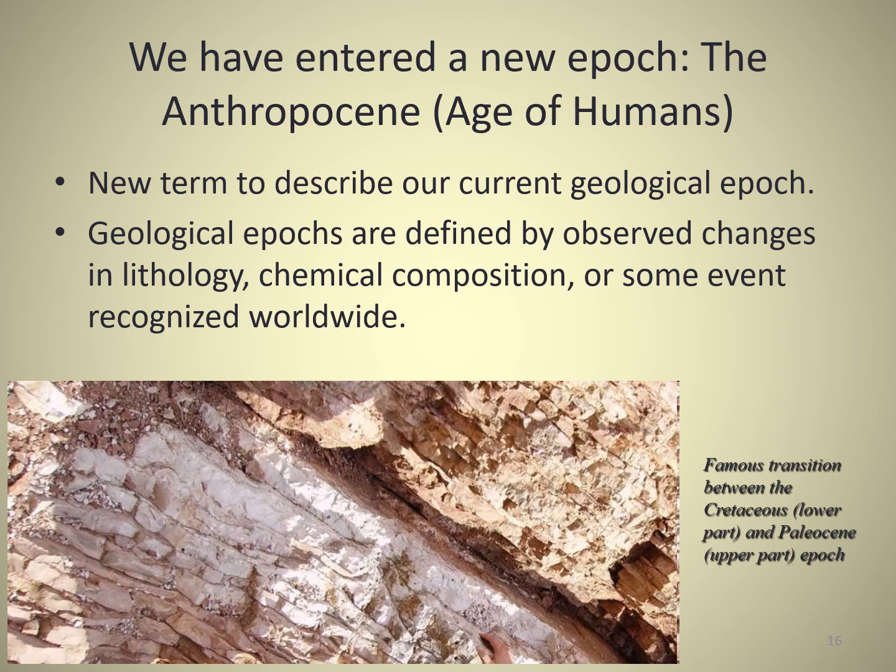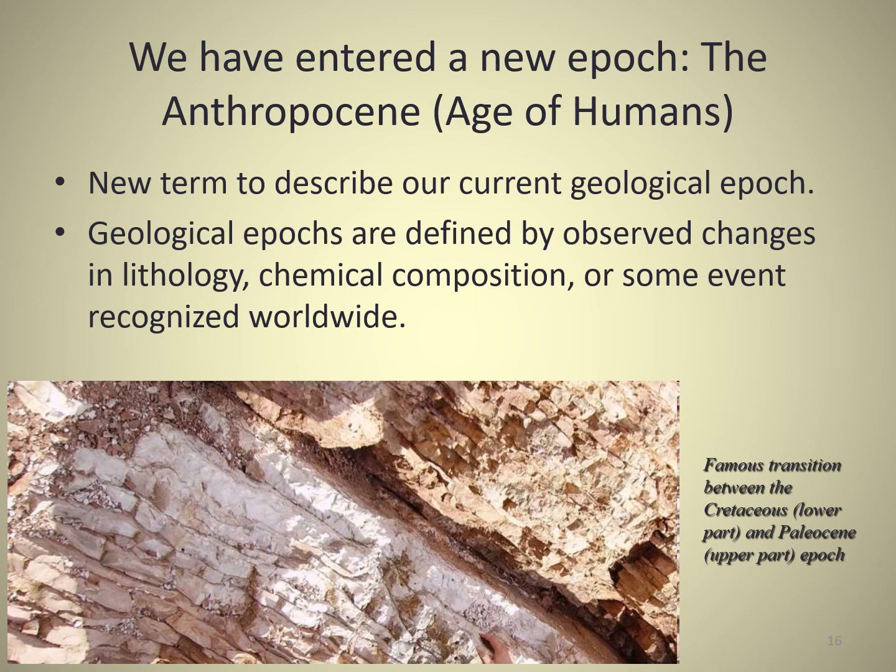So for example, the slide shows in the stratigraphy the famous transition between the Cretaceous period and the Paleocene epoch. It's also called the K-T boundary. This is the end of the dinosaurs. This is the end of the Cretaceous period 65 million years ago, when the dinosaurs went extinct. And it leaves a mark in the Earth's sediments that can be recognized, again, worldwide.